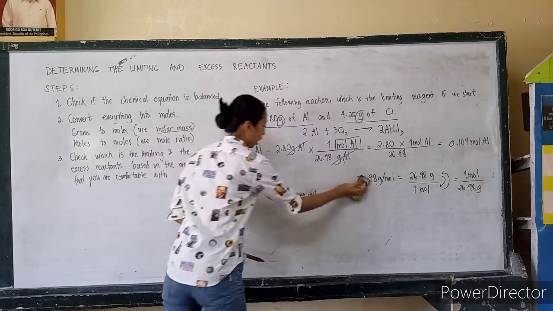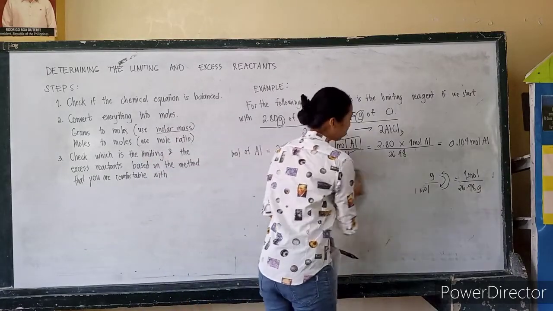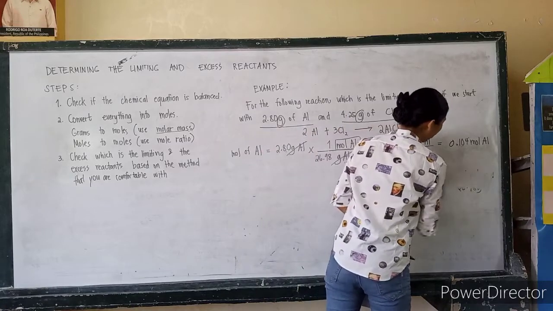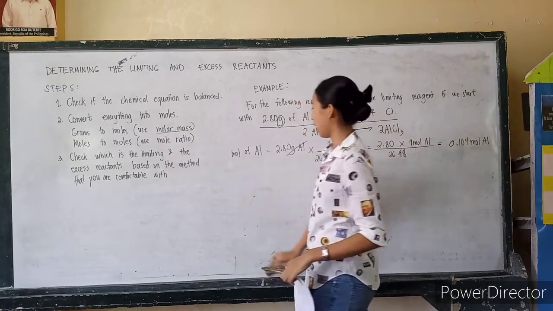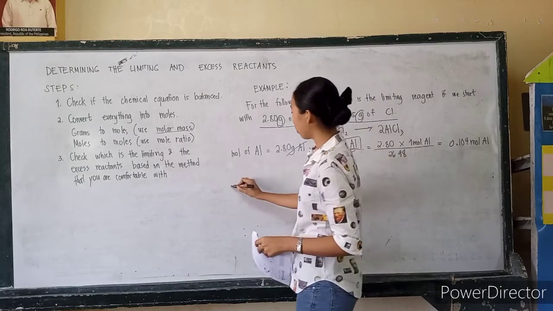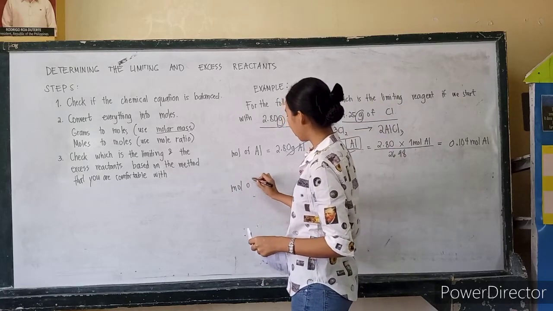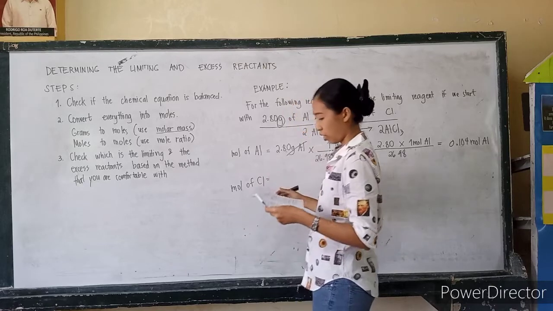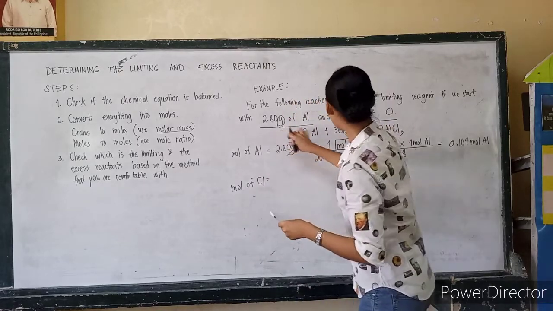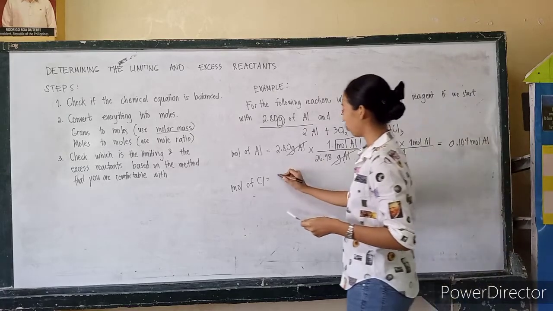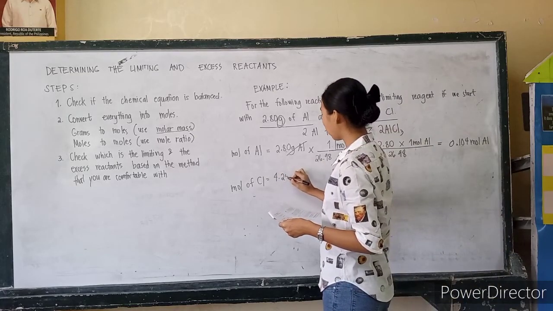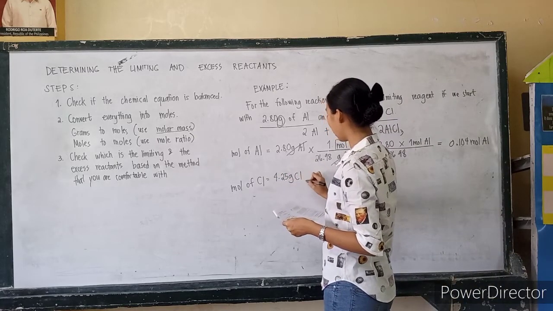You know, desired unit times given unit, desired over given. Understand? Next is the mole of Cl. So, the chlorine, given is 4.25 grams of Cl. So, 4.25 grams of chlorine.